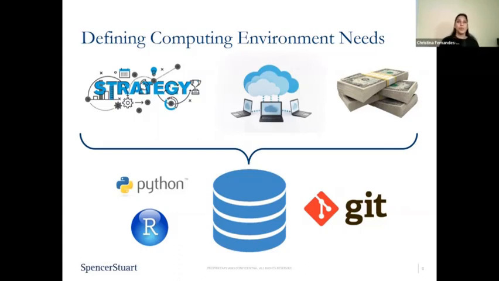We also knew that we wanted to have a code versioning system such as Git. And we wanted our environment to be scaled to meet our current and future needs, to be able to support the types of data, the volume of data, and the type of analysis we would like to run.